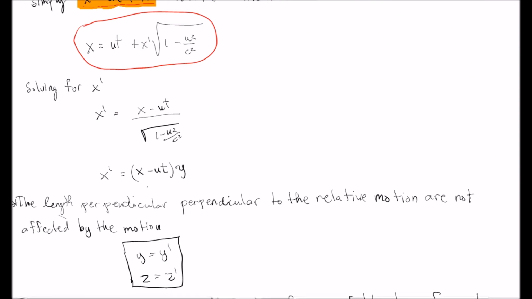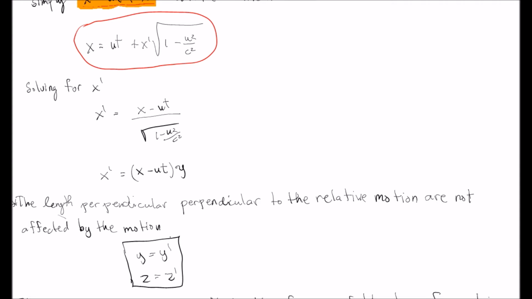Now, what will be the length observed in S prime if that length is perpendicular to the motion of the moving frame, which is the S prime frame? Lengths perpendicular to the relative motion are not affected by the motion. When the length is perpendicular to the direction of motion, whether positive or negative, there's no length contraction.